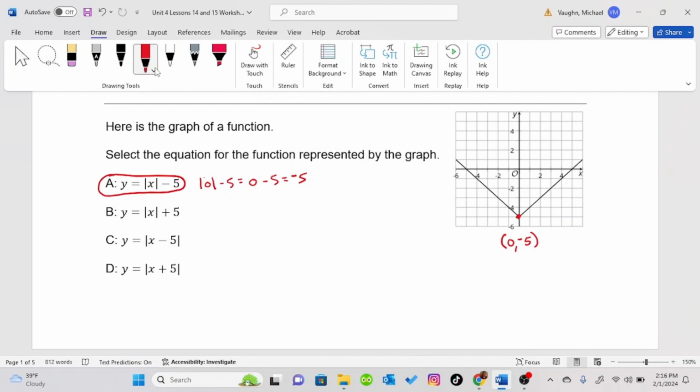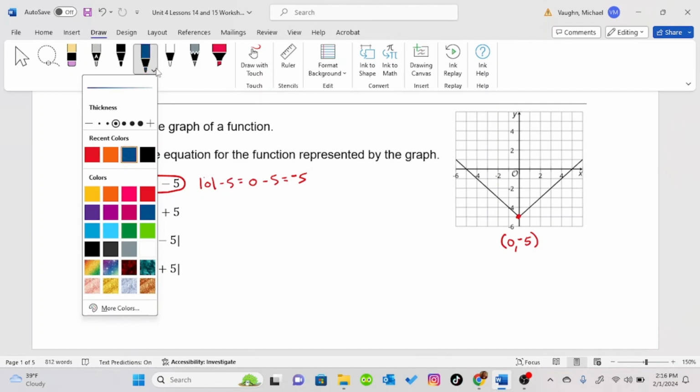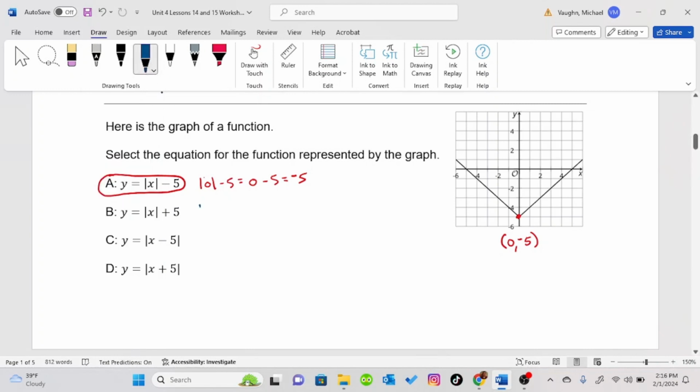If we tried the same thing with the others, we would have the absolute value of 0 plus 5 equals 0 plus 5 equals 5, which does not match.